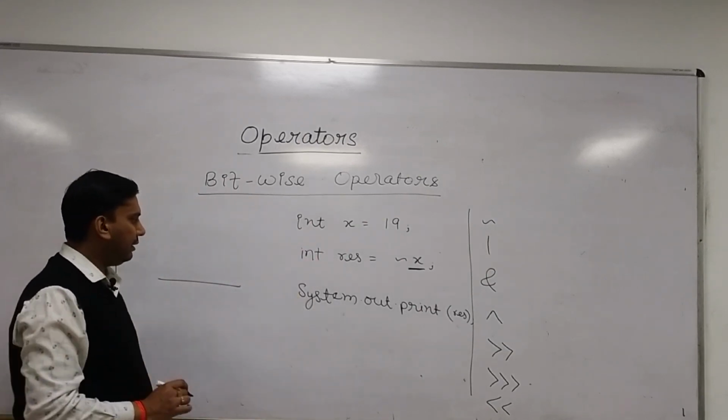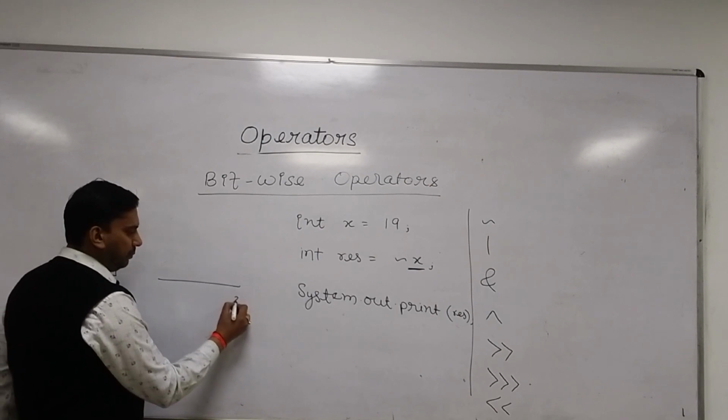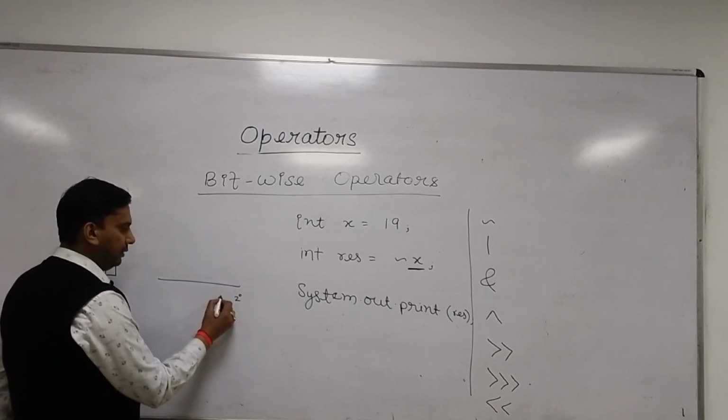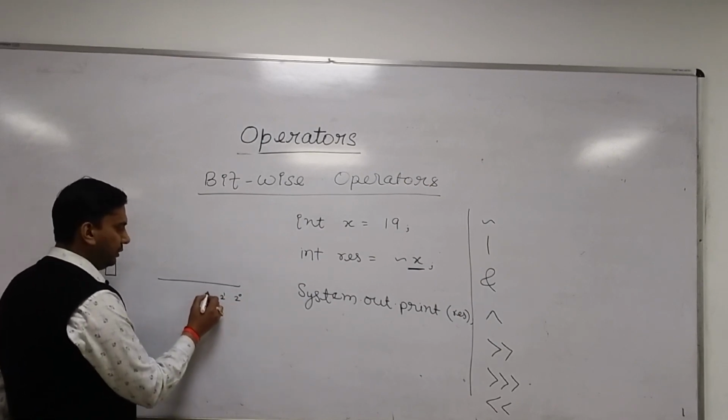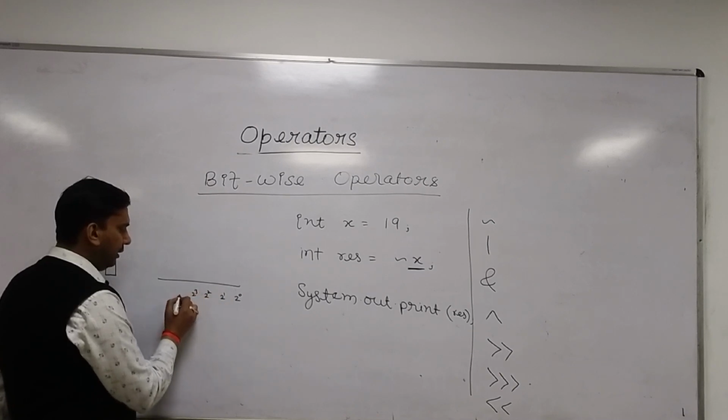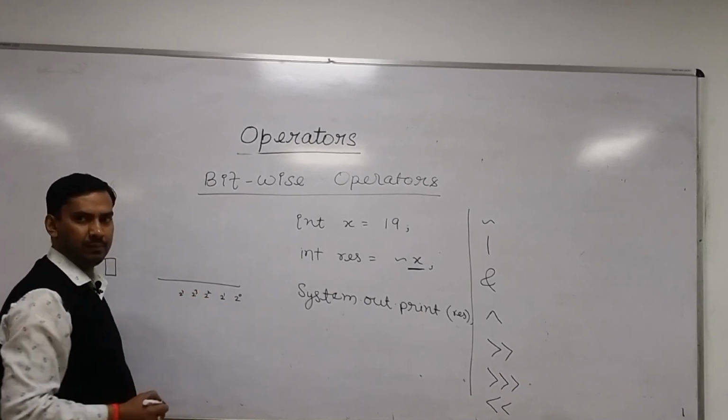For 19 in binary, you know the place values are 2 raised to the power 0, then 2 raised to the power 1, 2 raised to the power 2, 2 raised to the power 3, 2 raised to the power 4 and so on.